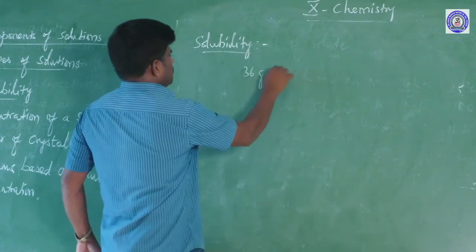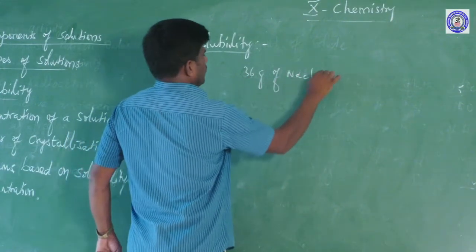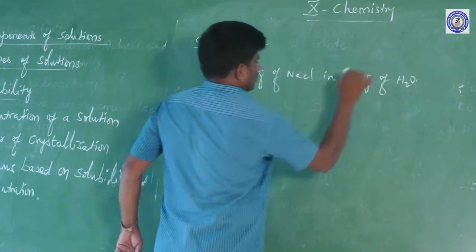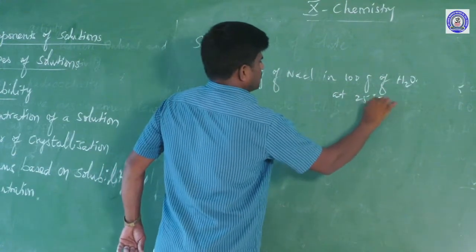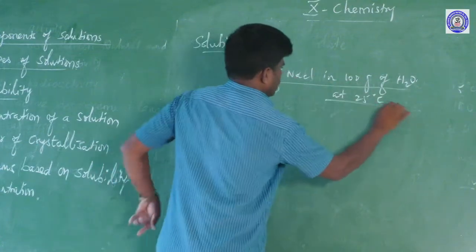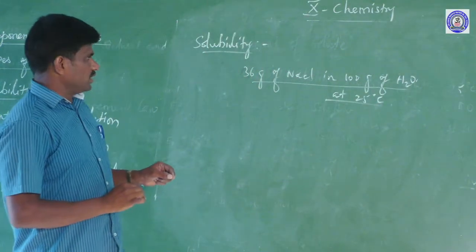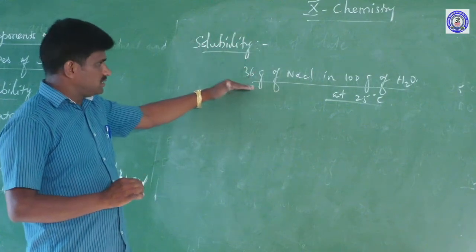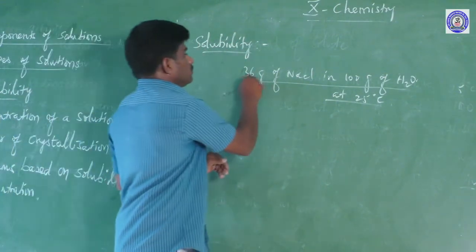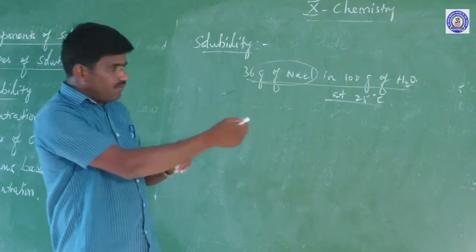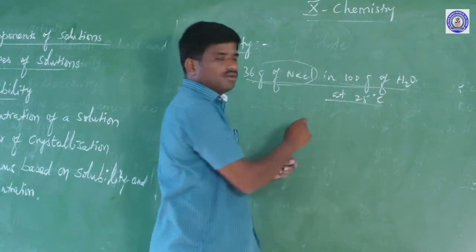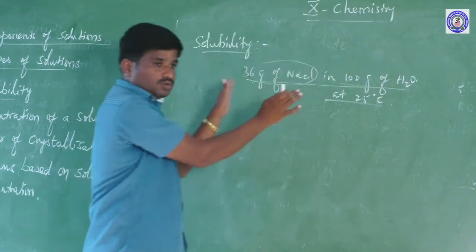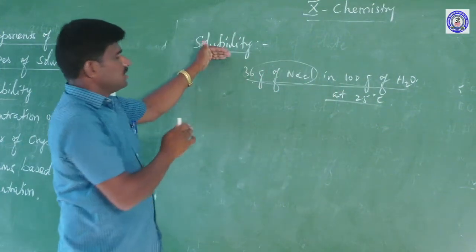The best example: 36 gram of sodium chloride in 100 gram of water at 25 degrees Celsius. This is the saturation point of sodium chloride. Solubility is defined as the number of grams of solute required for a definite amount of solvent at a given temperature to make a saturation. Such a thing is called solubility.